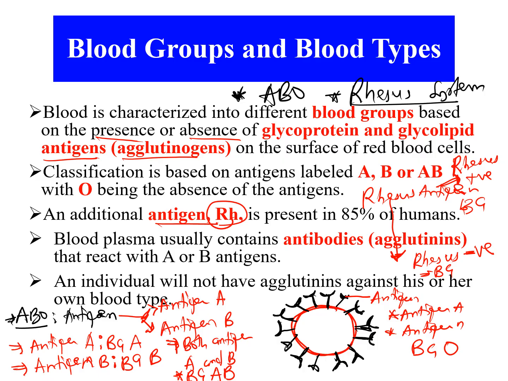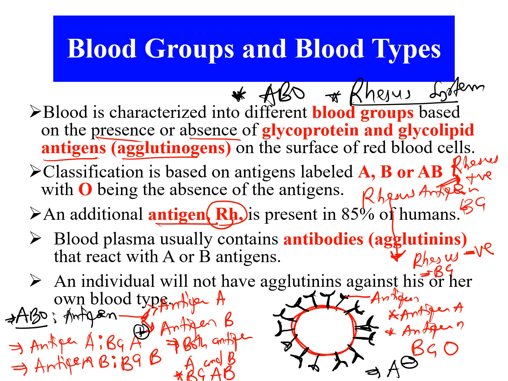So when we are discussing blood groups, we combine both the ABO system and the rhesus system. If an individual has antigen A and they also have rhesus antigen, that individual's blood group is going to be referred to as blood group A positive. If an individual has antigen A but they don't have the rhesus antigen, that individual's blood group is going to be known as A negative because there's no rhesus antigen.